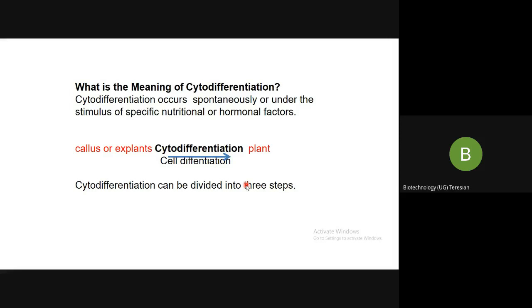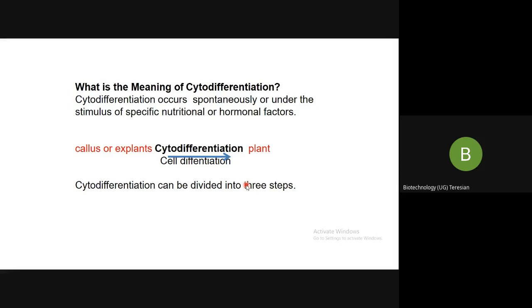So finally, to conclude, this entire physiology or anatomy can be explored through the phenomenon of totipotency under artificial condition, that is under the laboratory condition.